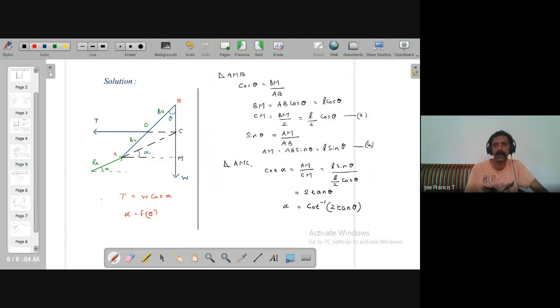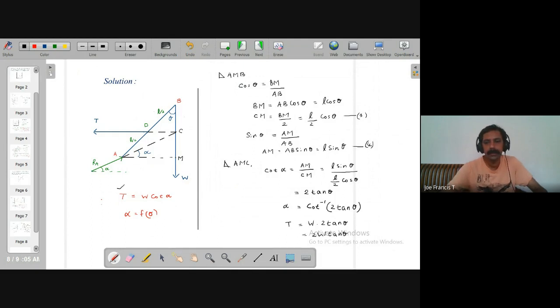Now again, you can also express T in terms of theta. T is in fact W cot alpha, but cot alpha is 2 tan theta. So we get it as W into 2 tan theta, or T equal to 2W tan theta.